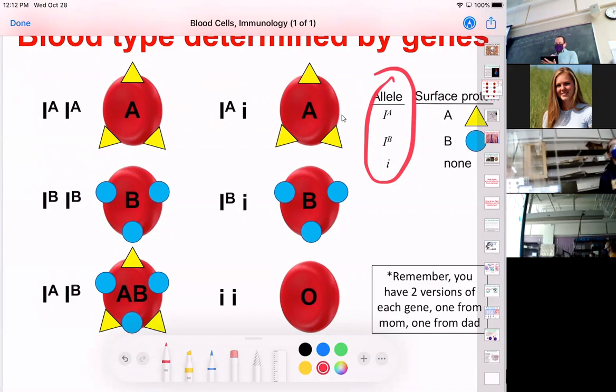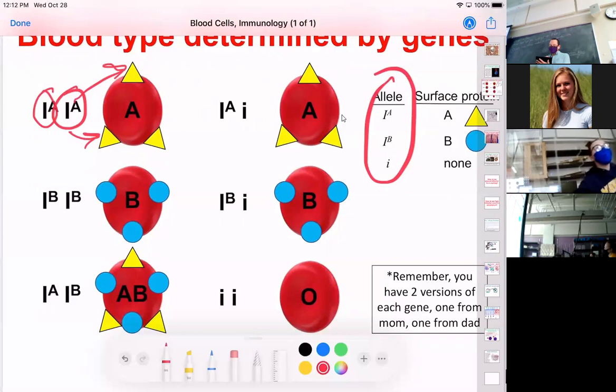So if you got, for example, 2 copies of the A, you're going to showcase on your red blood cell basically a piece of that A gene. It shows up as this big, massive receptor type thing. They have roles, but you don't have to worry about those for the class.